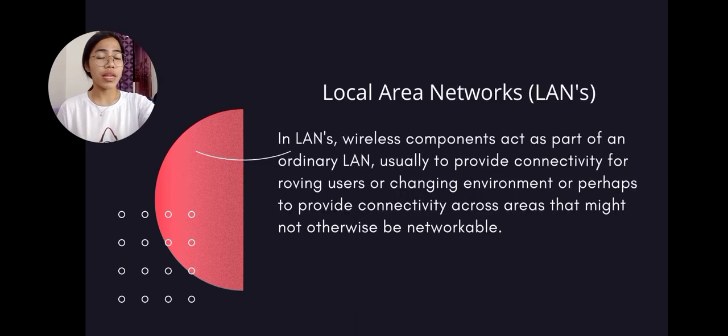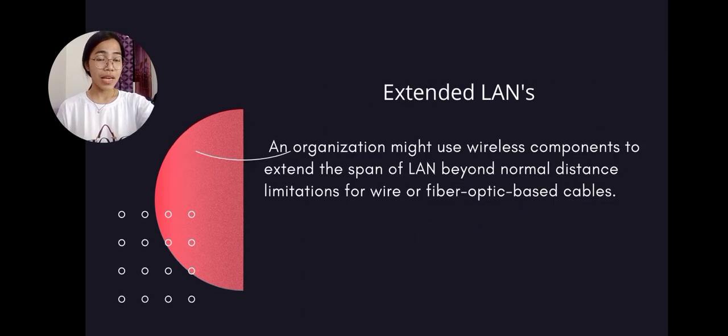The first one is local area networks, or LANs. In LANs, wireless components act as part of an ordinary LAN, usually to provide connectivity for roving users or a changing environment, or perhaps to provide connectivity across areas that might not otherwise be networkable. The second one is the extended LANs.